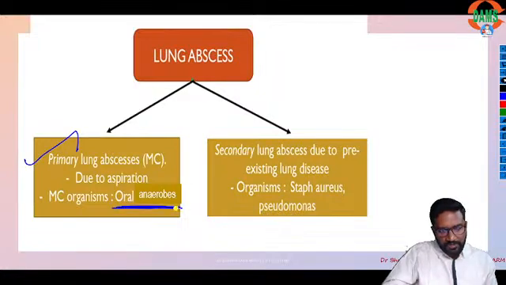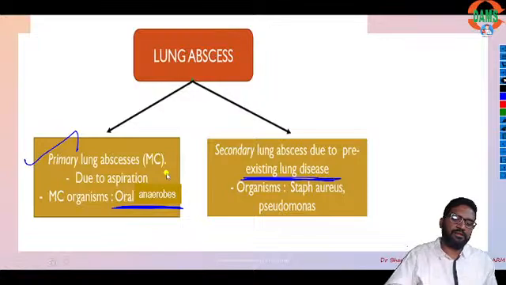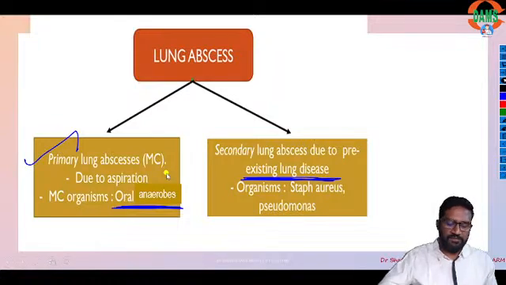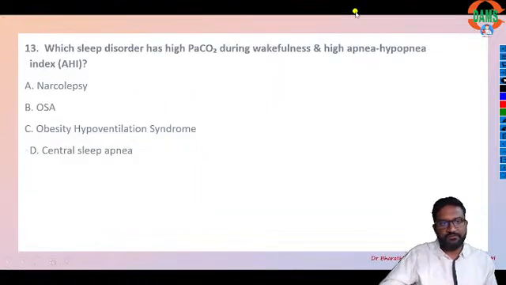Most common organisms, oral anaerobes. Secondary lung abscess is not due to aspiration. It can be due to some pre-existing lung disease. Already there is some lung disease and the patient must have developed it as a complication. Organisms, staph, Pseudomonas.